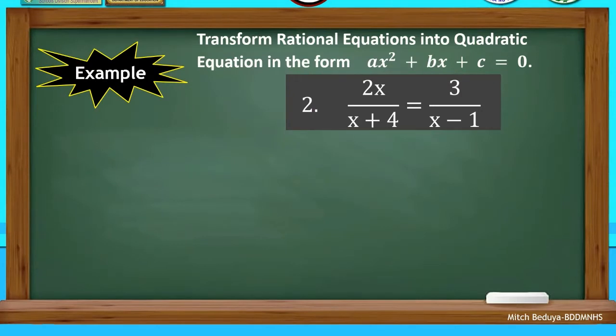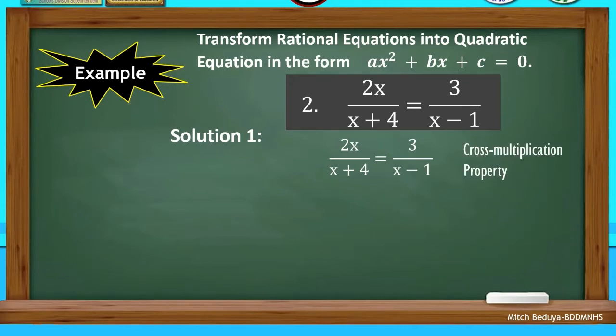Example number 2, 2x over (x plus 4) equals 3 over (x minus 1). To transform this equation, we can use two methods. The first solution, we will be using the cross multiplication property.